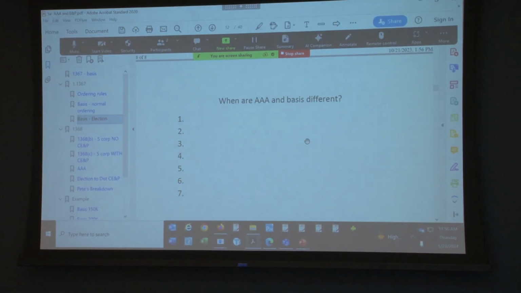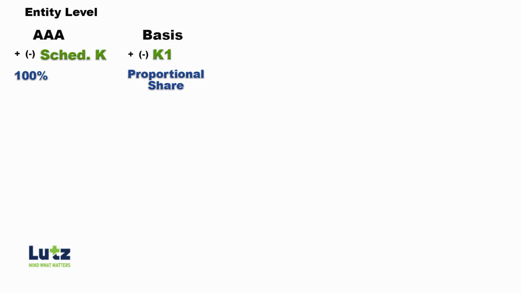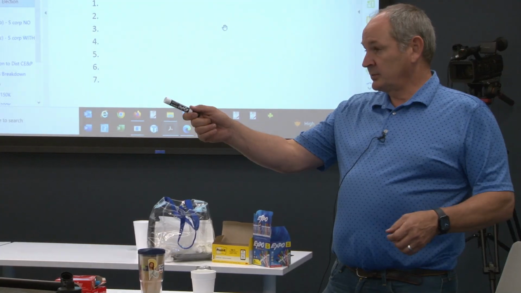Because the ingredients that adjust them up and down are exactly the same, and your starting point is exactly the same. So when are AAA and basis different? Loans. Nope. If you convert to a C corp, that's completely appropriate. I don't mind that.